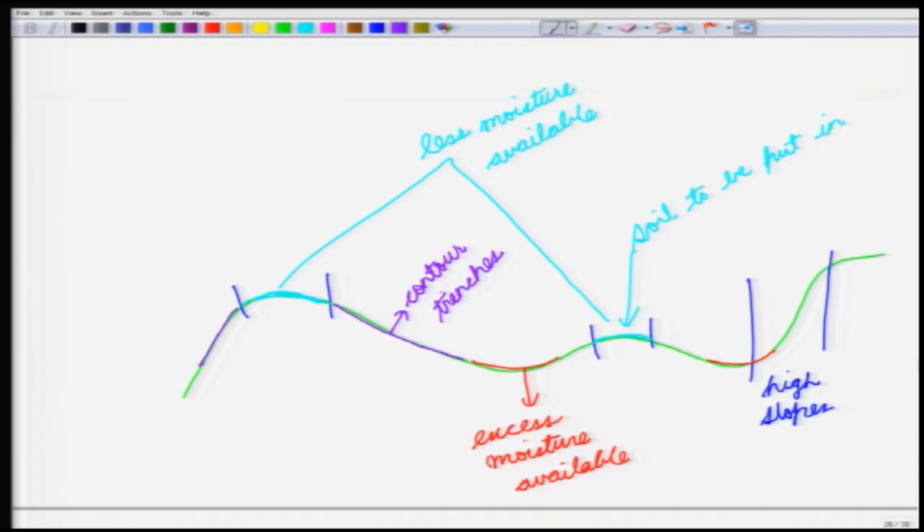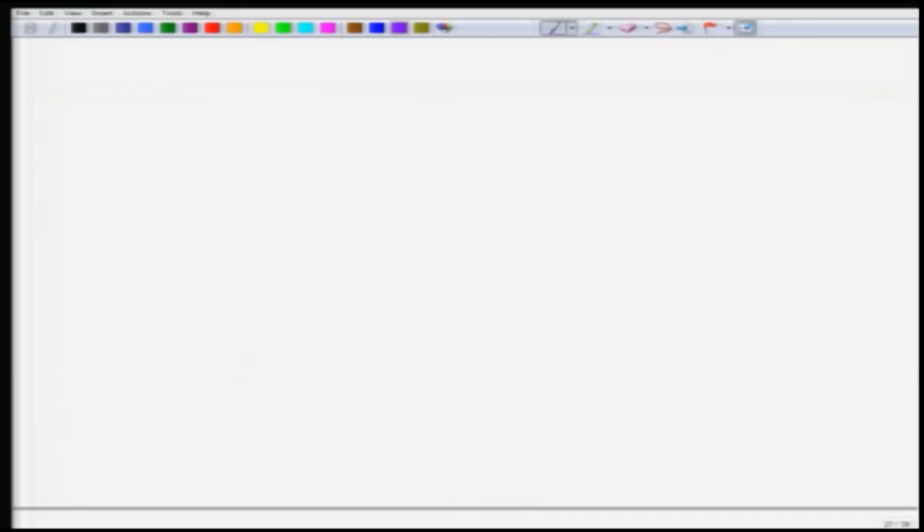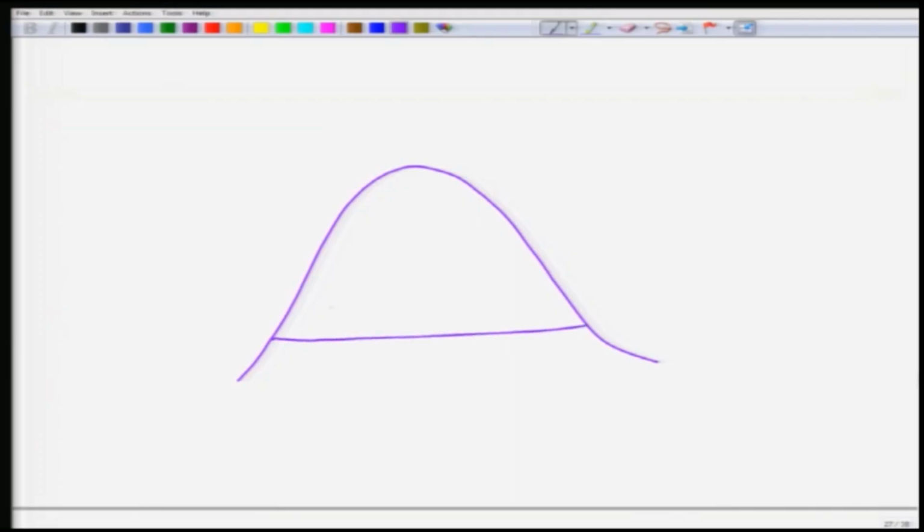A contour trench is a trench that we dig parallel to the contour lines, which means that if you have a hill, then along these contour lines we will be making trenches, and these trenches are primarily to retain water and to prevent soil erosion.